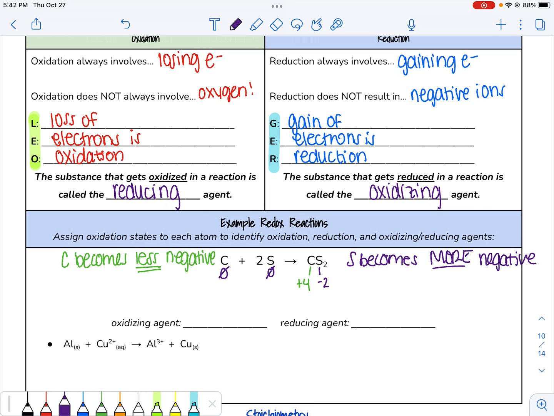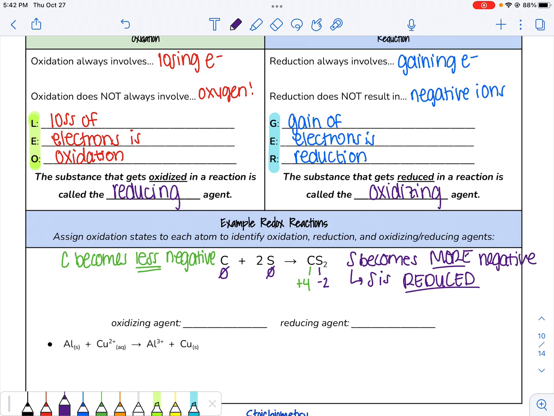It is gaining electrons. It's gaining negative charge. So if sulfur is gaining negative charge, this means that sulfur is reduced. Its charge goes down. It is going negative. The electrons are being pulled towards it, so sulfur is being reduced in charge.